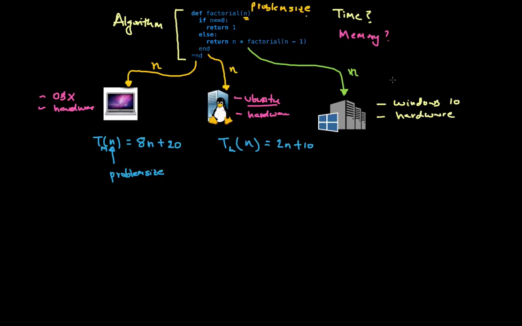Taking into account the problem size, the software, and the hardware, I figured out that the time it takes to run on a Windows machine is, let's say, 4n plus 30. So these are the actual values that I was able to measure, and I came up with a linear function that tells me how much time it takes to run on a Mac, a Linux, and a Windows machine.